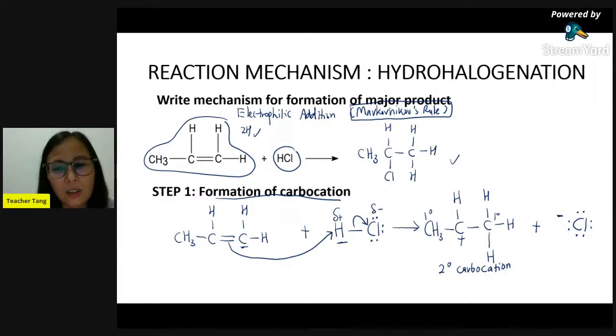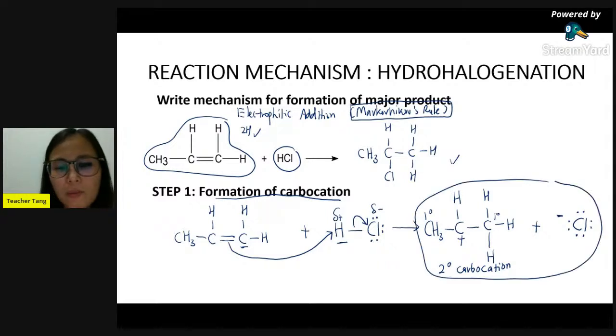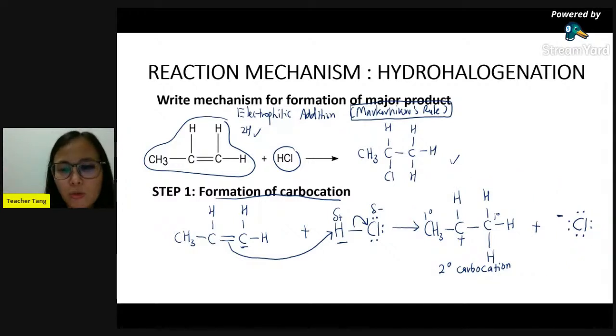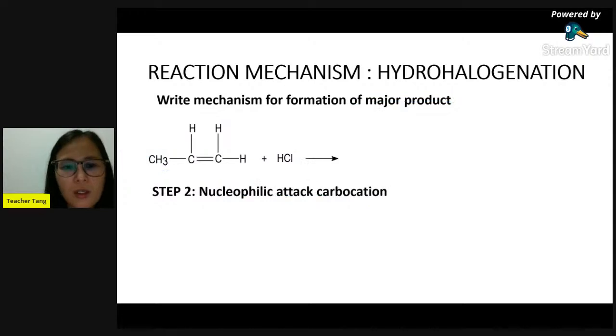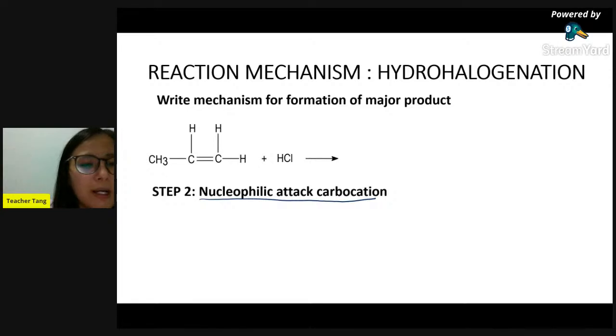I told you already, we need to bring down the intermediate. So what is the intermediate here? This is the intermediate that we get from step 1, so we copy it into step number 2. Step number 2 is nucleophilic attack on the carbocation. From step number 1, we get this carbocation.